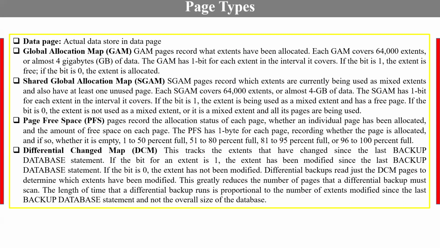What is the extent size? 64 KB. 64,000 extents into 64 KB is around 4 GB. So it is about the information, not the data.